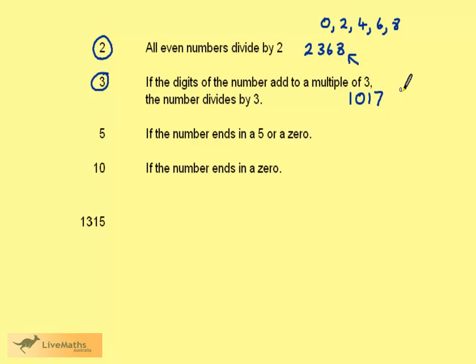If we add these up, we have 1 plus 0 plus 1 plus 7, which comes to 9. We know that 9 is a multiple of 3, and therefore 1017 is also a multiple of 3.